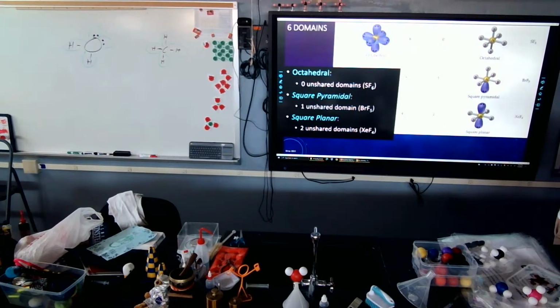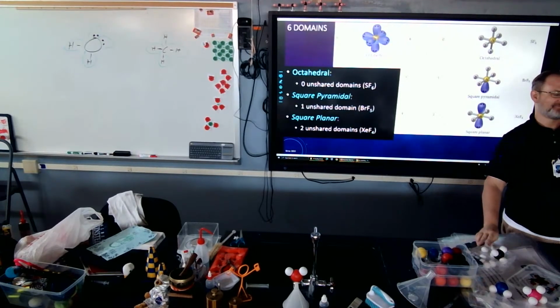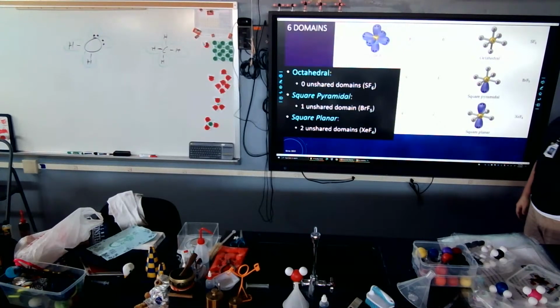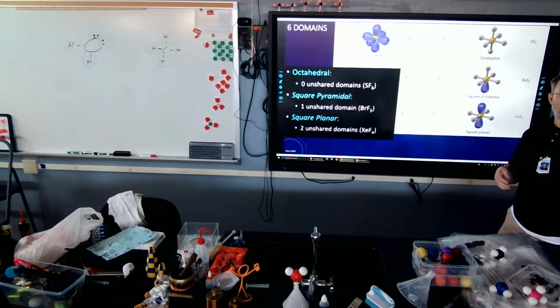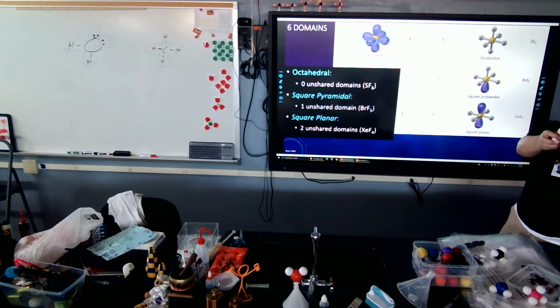If 4 are unshared, we're back to linear. So 4 of 6, square planar. 3 of 6, T. 2 of 6, linear.